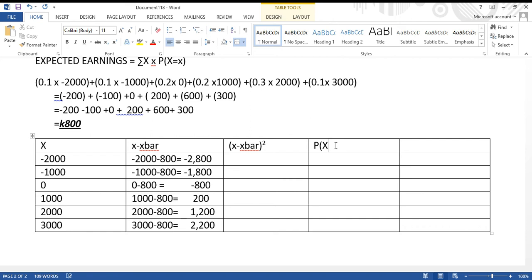Let me just say the numbers. 7,840,000. When you square a negative number, you don't get a negative number. It has to be positive. You square it, not the square root.